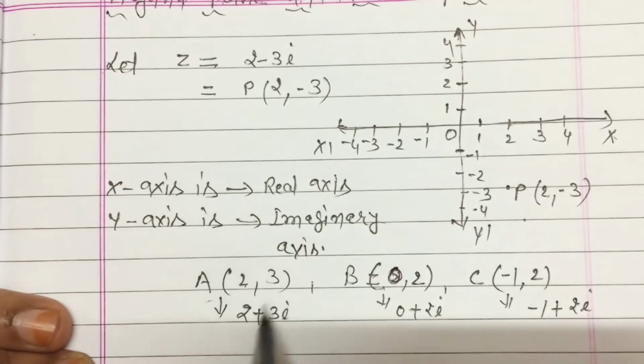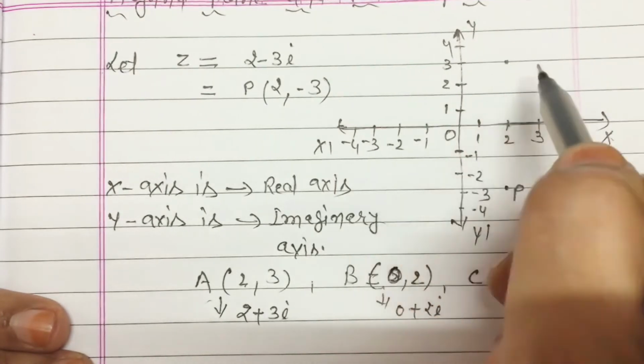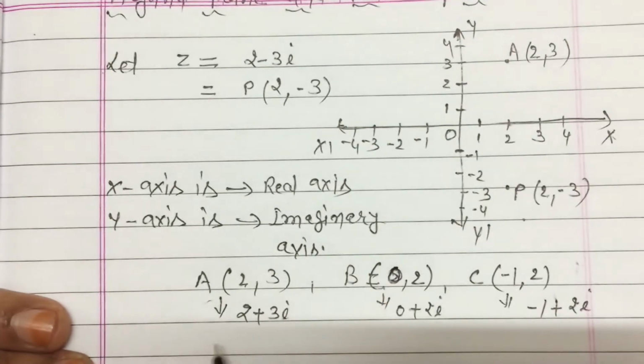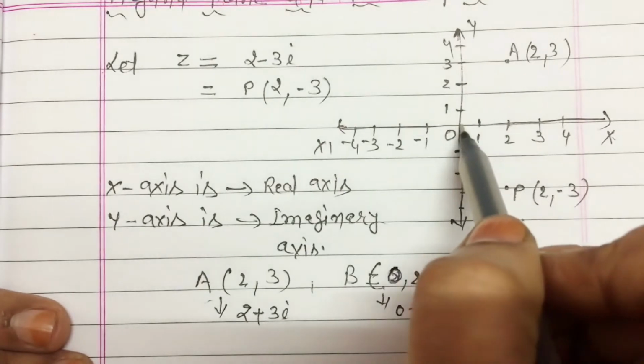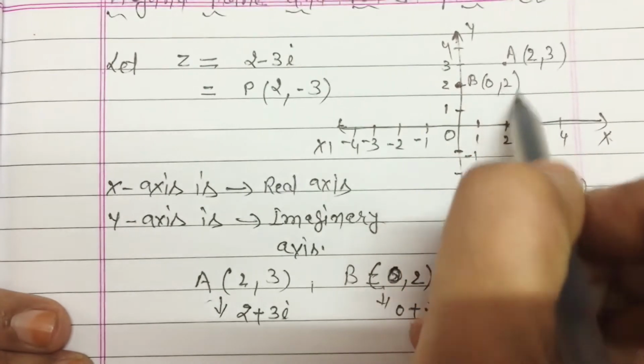And the geometrical representation of these points: A is (2, 3), so here it is A. Okay, next B is (0, 2), 0 and here it is 2, so B is (0, 2).